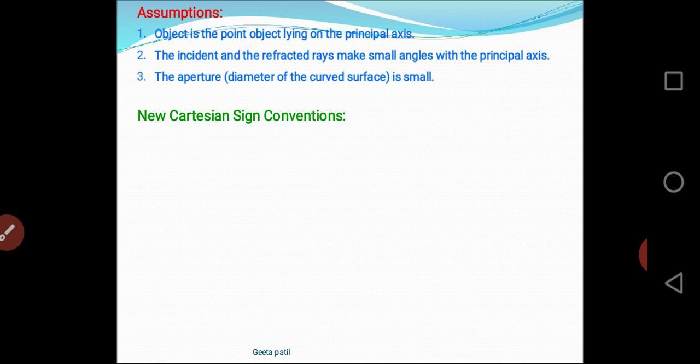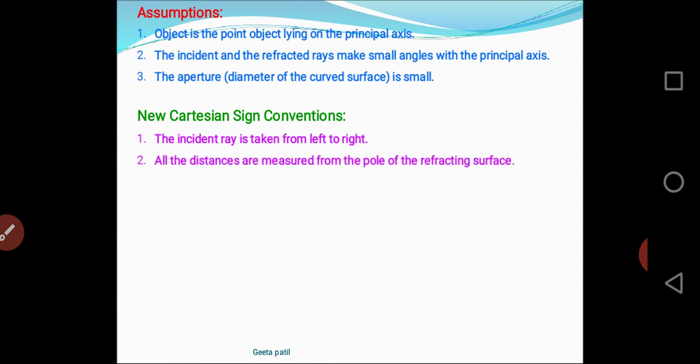Now to study refraction through spherical surfaces, you must know the sign conventions. Here we study new Cartesian sign conventions. First convention, the incident ray is taken from left to right. All the distances are measured from the pole of the refracting surface.